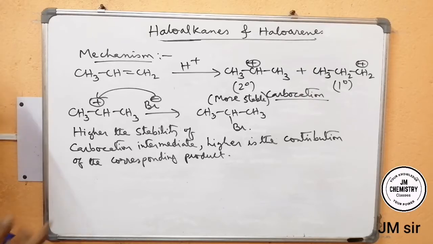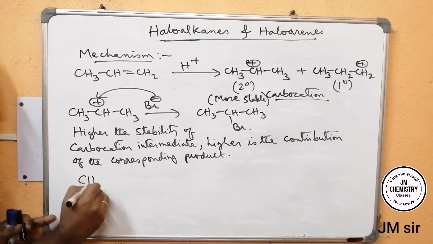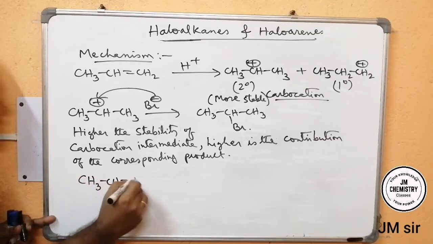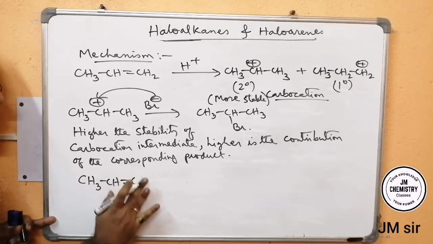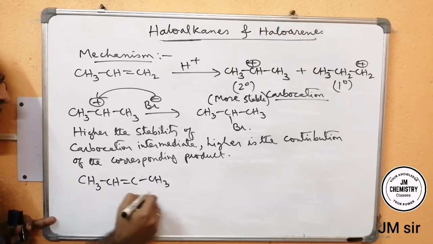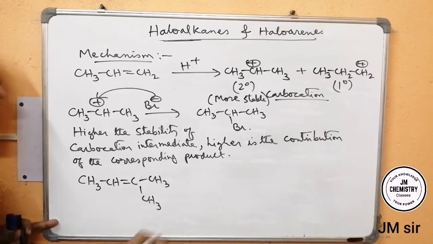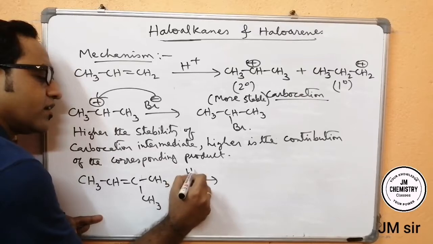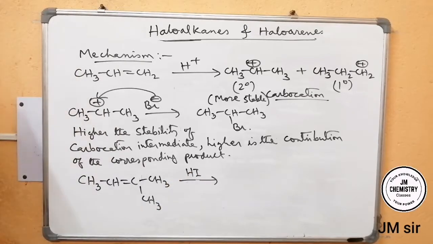Next, we will see 2-3 examples. Suppose you are having this compound CH3-CH=C(CH3)-CH3. So if you add HI, what will be the final product?